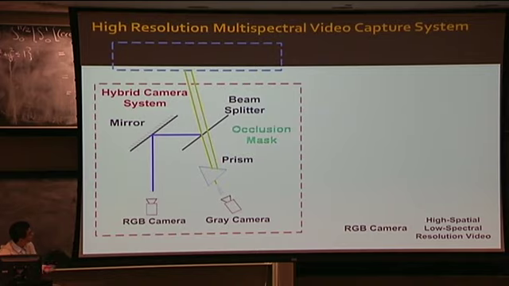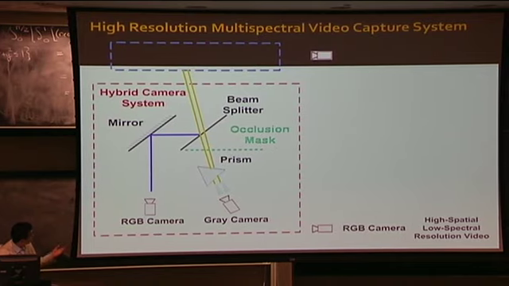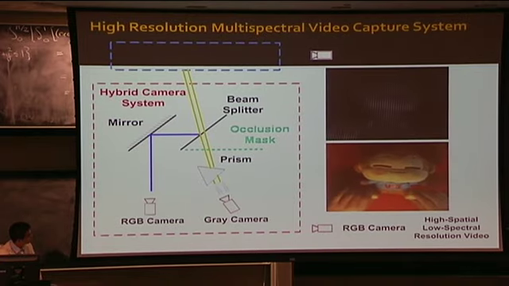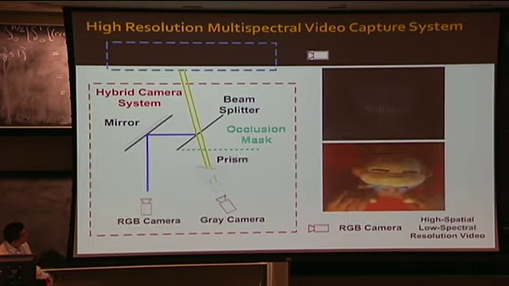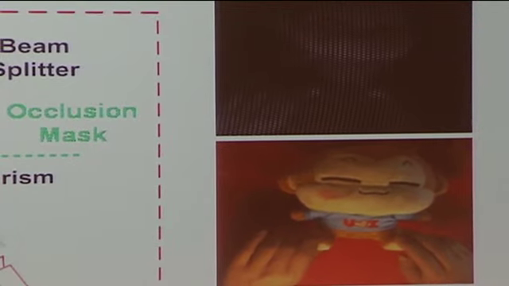And to avoid the overlap of the spectrum, we place an occlusion mask on the optic path. Then in the RGB camera we get a high spatial resolution, low spectral resolution video, and in the grayscale camera we get a low spatial resolution, high spectral resolution video.